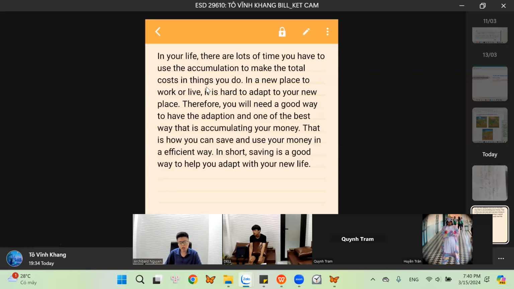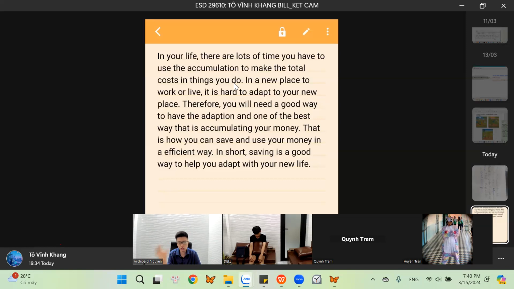So to make total costs from the activities that you have invested. We use the word invest for money. We invest how much in activity A, we invest how much in activity B, okay? So that is why the phrase things you do is wrong.